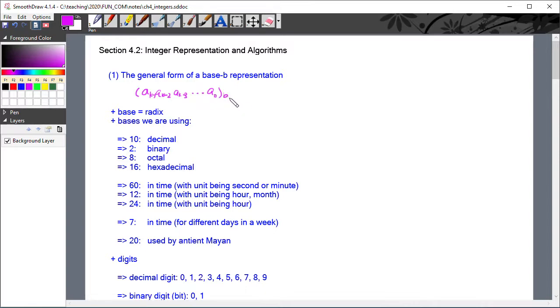And then we put the b here, to indicate that this is a base. In some textbooks, this is also called a radix. Because of that, there is a very important sorting algorithm called radix sort. Anyway, here we have a total of k digits.